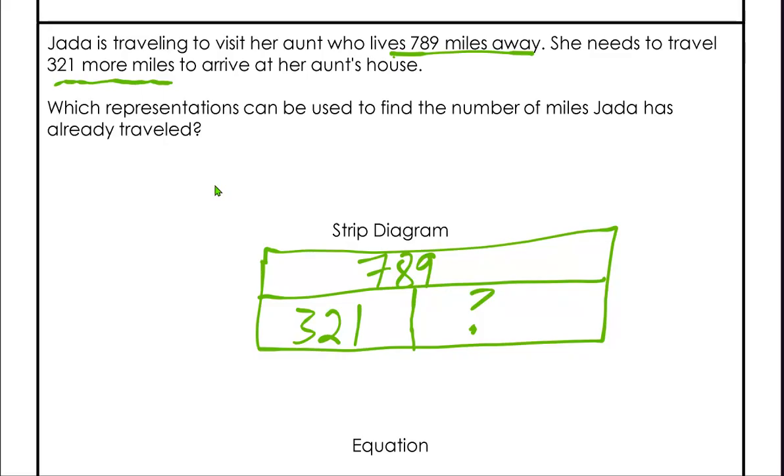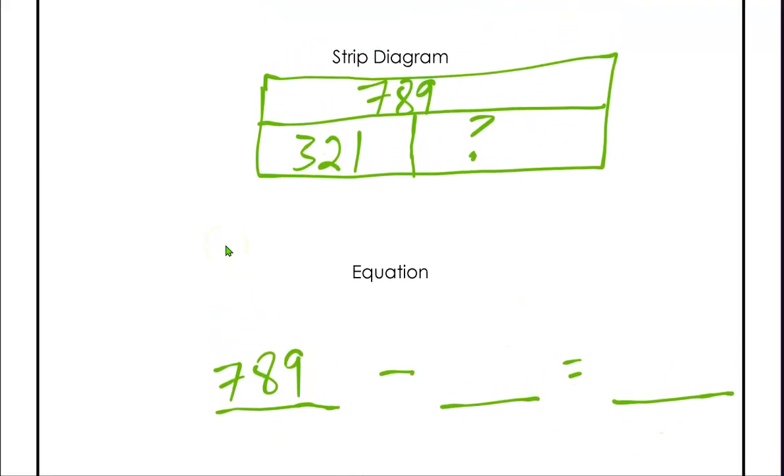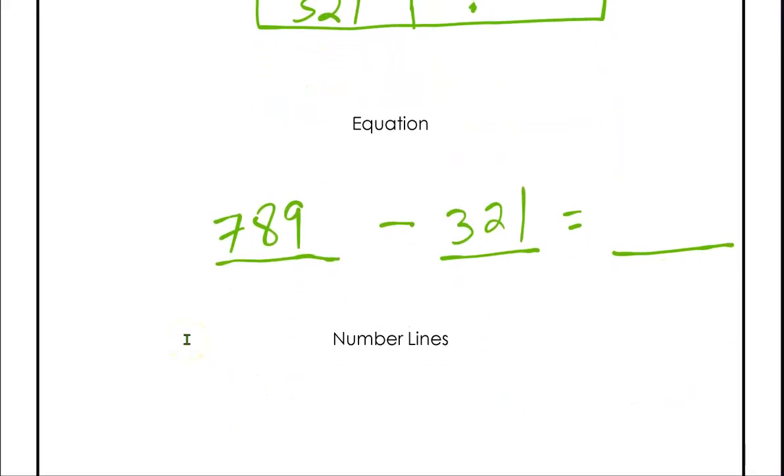And it says she needs to travel 321 more miles to arrive. So we don't know how many miles she's traveled already. So we're going to subtract 321 to find out how many she's traveled already. I'm going to stack them and subtract. 789 minus 321.